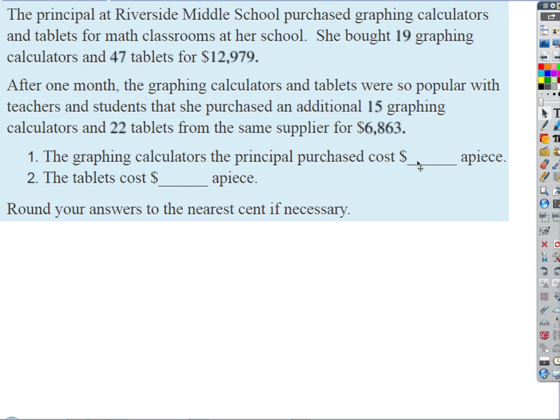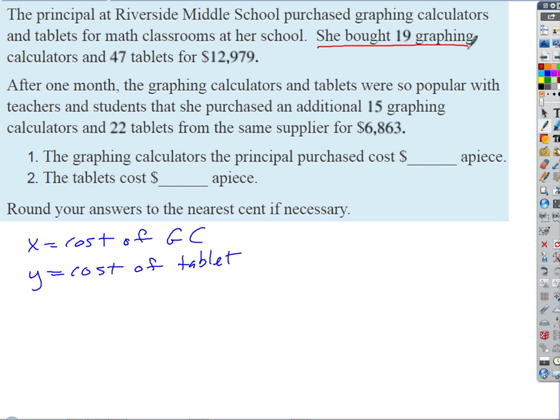All right, so those are the unknowns. So let's go ahead and say, let x equal cost of graphing calculator, y equals cost of tablet. And let's look at each of these two situations and color code them and turn them into equations. So how about the first situation? She bought 19 graphing calculators and 47 tablets for $12,979.